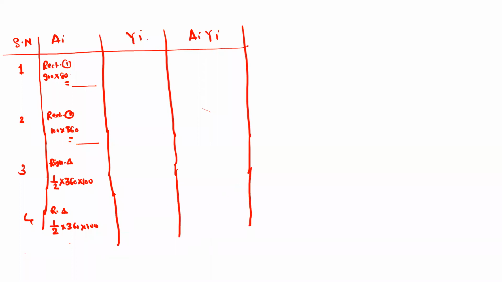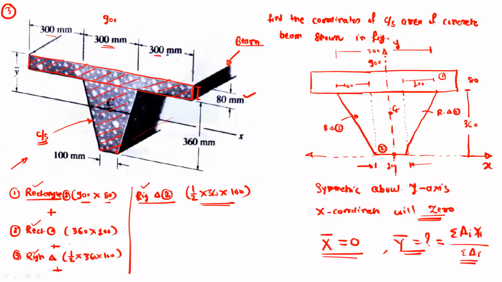Now just observe the y coordinate. So for the rectangle 1, this is the rectangle 1 at distance 360. So its one side or the base side is at 360 mm.